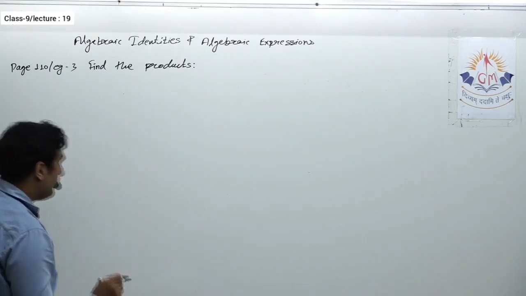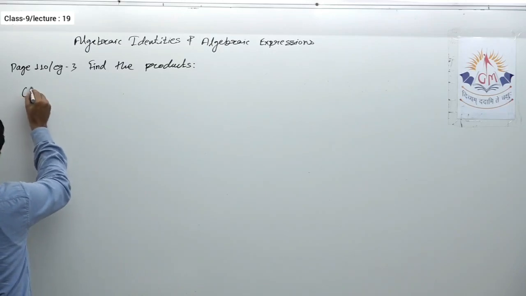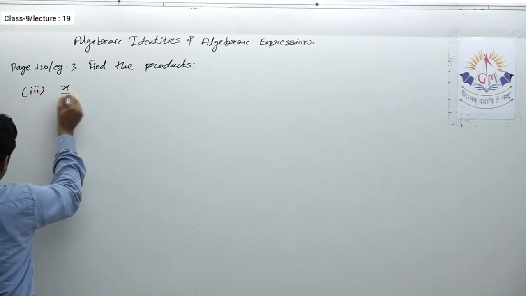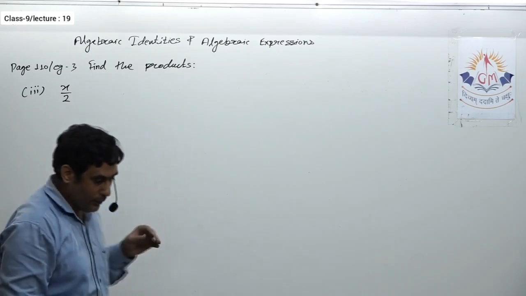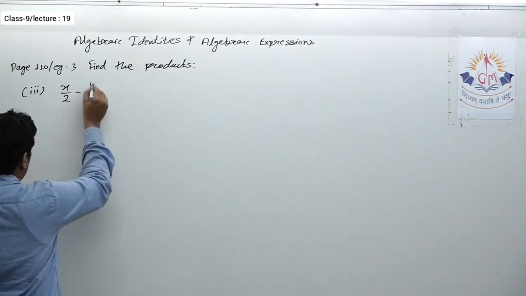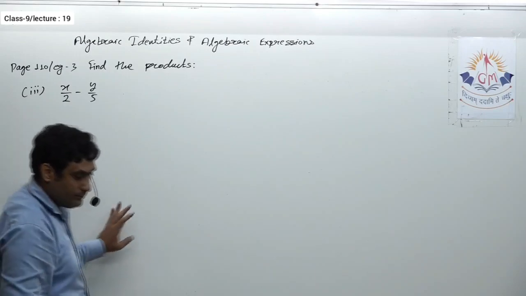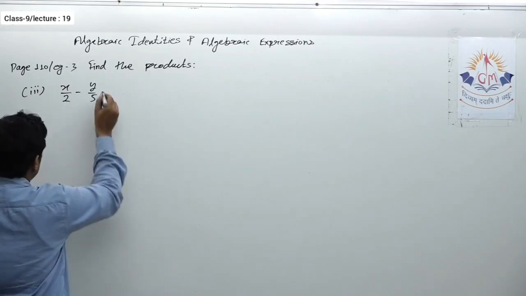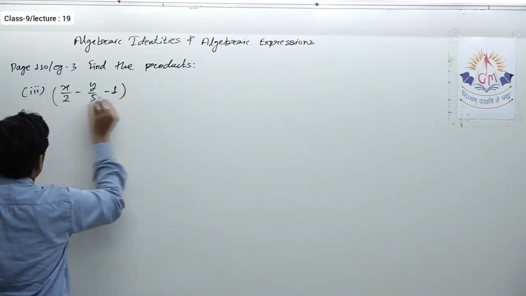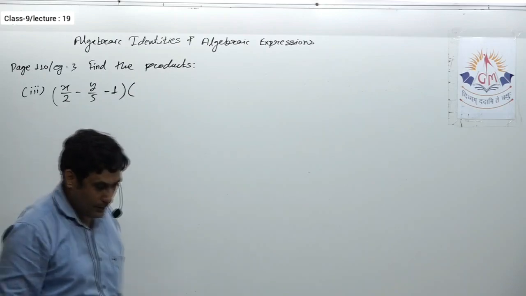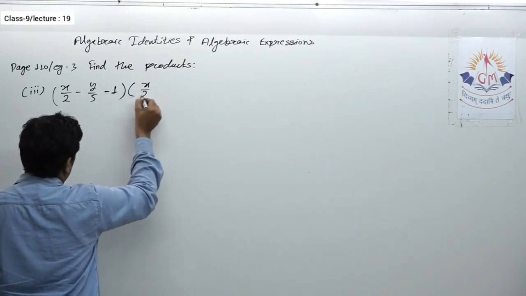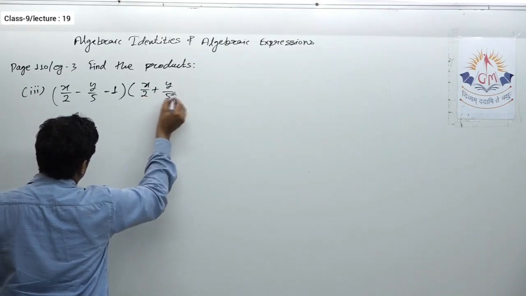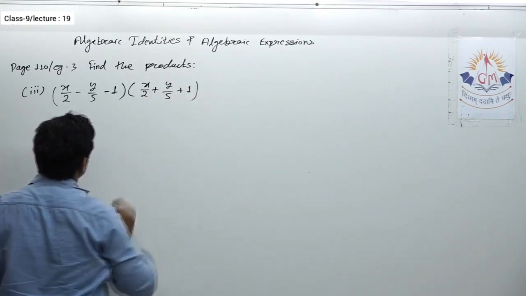The third one we will see: x by 2 minus y upon 5 minus 1, multiplied by x by 2 plus y upon 5 plus 1.